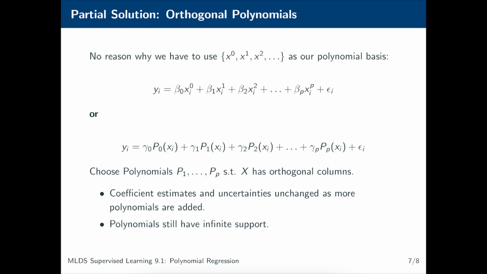They're unchanged by changing the values of other coefficients. And in particular, what this means is that they aren't going to change as more polynomials are added. This has solved one of our problems about the high degree of correlation between our parameter estimates, but it hasn't fixed the problem that our orthogonal polynomials still have infinite support. They're still defined over the entire time or covariate line.